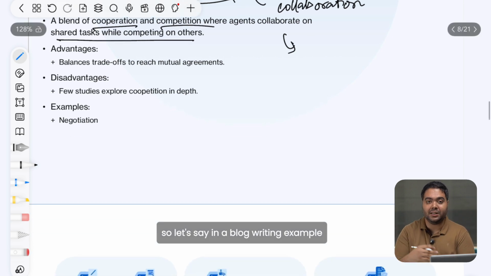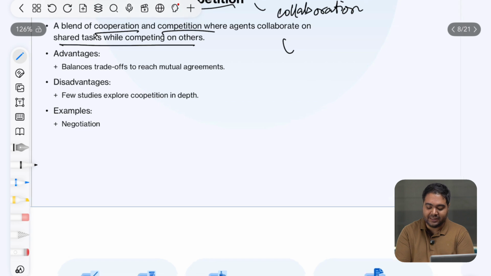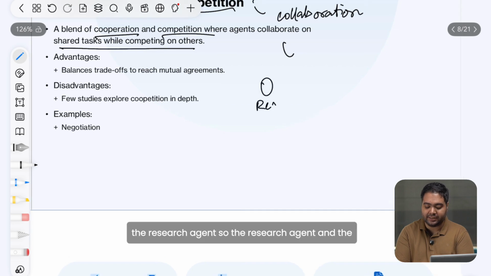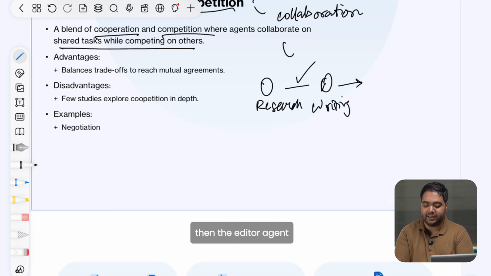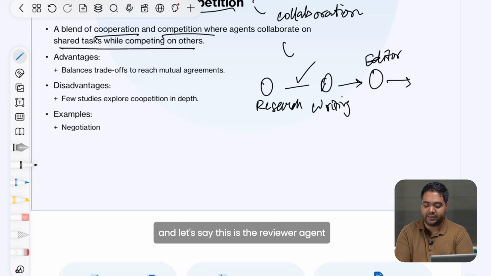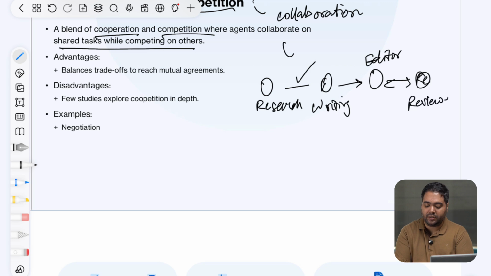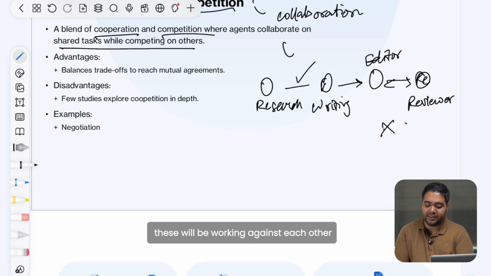So let's say in a blog writing example, the research agent and the writing agent will be working together. Then the editor agent, and let's say this is the reviewer agent, these will be working against each other. So these will be working competitively.